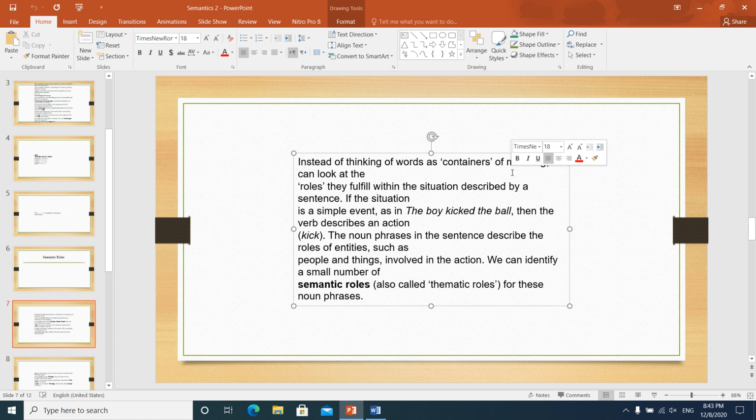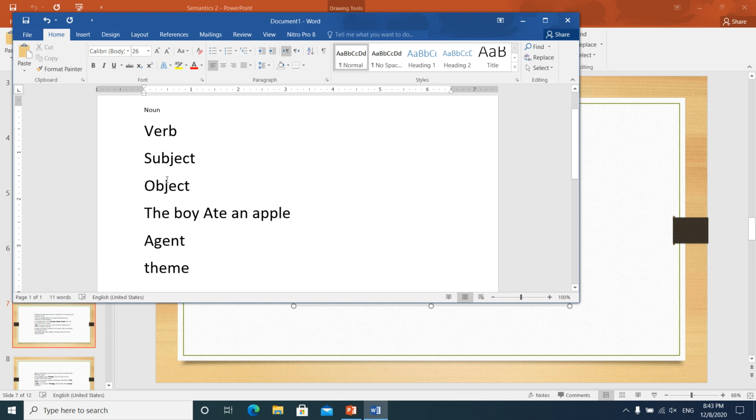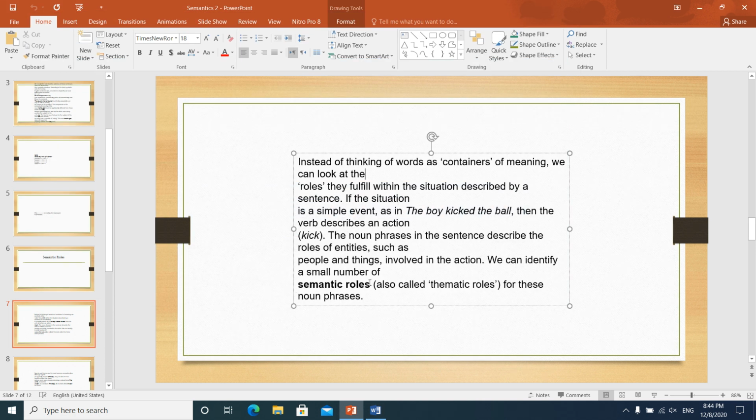But they play a role in the sentence. For example, the word boy plays the role of a doer of an action, which we called agent. These roles, semantic roles, are called thematic roles. In some books, some sources in semantics, they are called thematic roles, from theme.